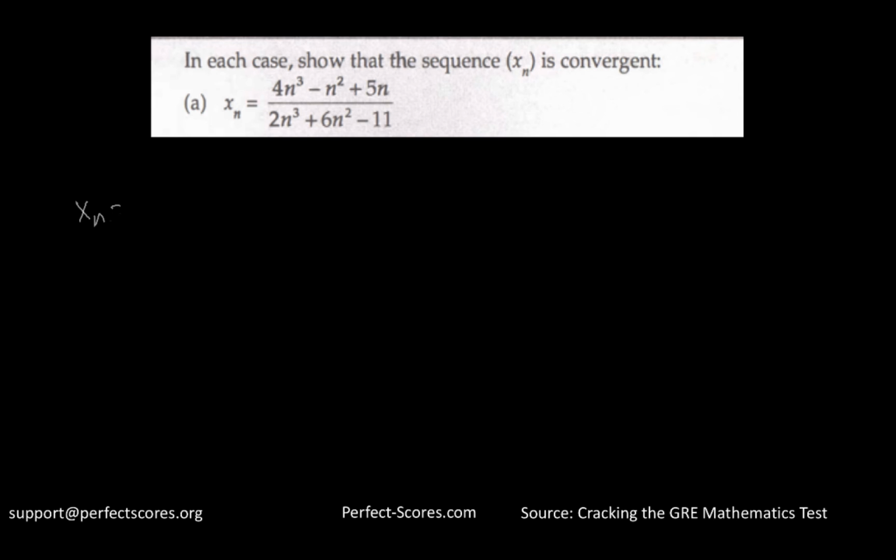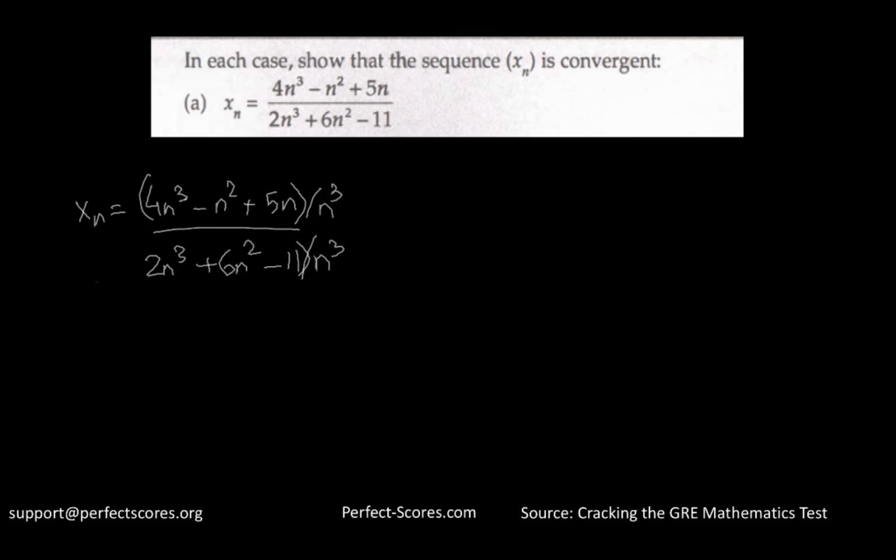We have xn equal to 4n cube minus n square plus 5n divided by 2n cube plus 6n square minus 11. When you have something like this, you try to get rid of the n's as much as possible. The highest degree of n is n cube, so I'm going to divide both sides by n cube.